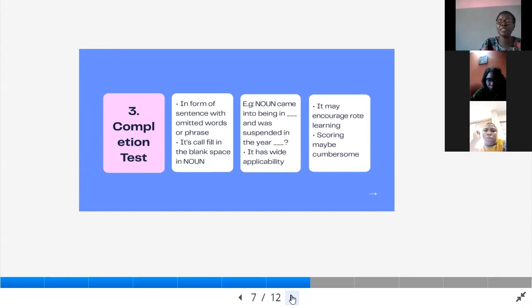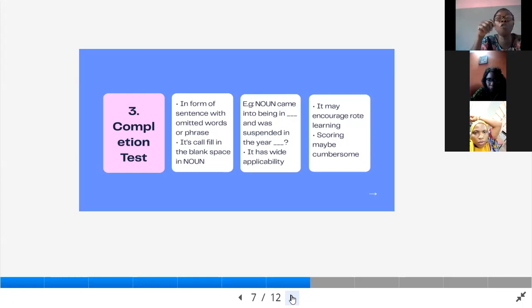"National Open University's exam will resume on dash," maybe I have written June. So something is missing here, and I'm expecting you to fill it in. That is completion test.